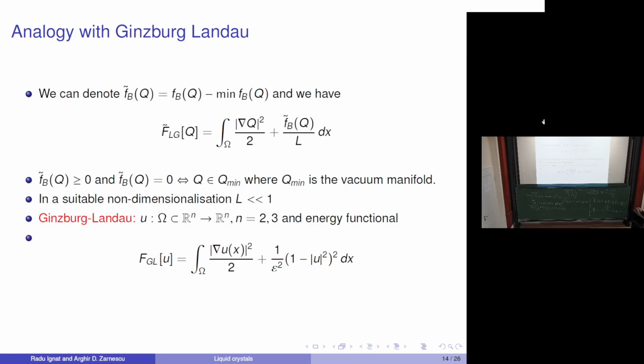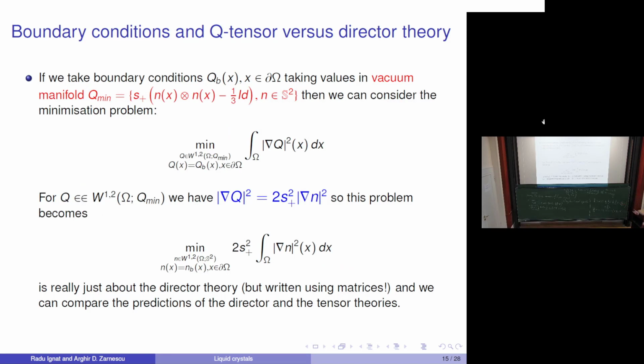And then you'll want this Q to take values in Q-min. If you take boundary conditions which are already in Q-min, otherwise you'd create a boundary layer near the boundary, so avoid that, you can consider this limit minimization problem. You minimize just the spatial variations, and nevertheless you restrict yourself to functions which take values in this two-dimensional manifold Q-min.